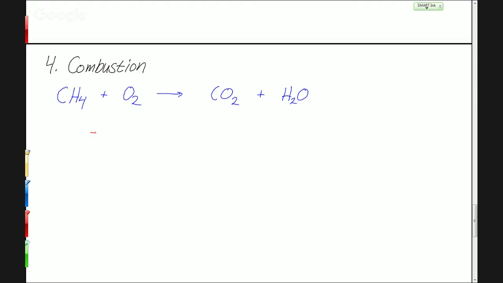So what you're looking for to determine if a reaction is a combustion reaction is something with a lot of carbon, hydrogen, or oxygen. It could have some other stuff too, but it should pretty much just be carbon, hydrogen, and oxygen. It reacts with molecular oxygen, O2. And then the products are always carbon dioxide and water.